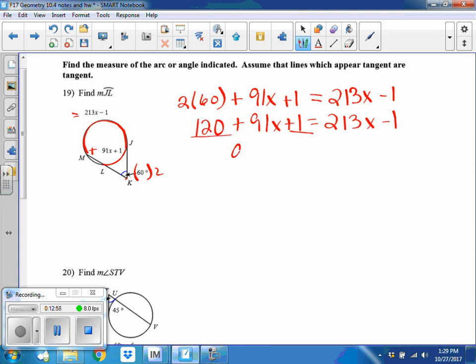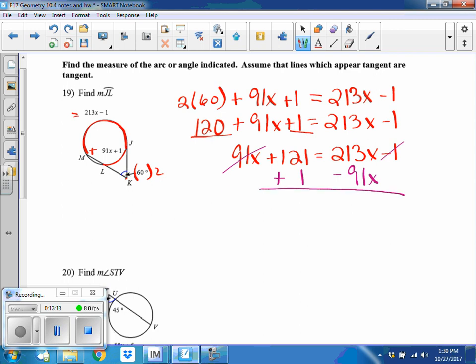So 91x plus 121 equals 213x minus 1. Subtract 91x to get that over there. Add 1 to get rid of that. And 122 equals 122x. Divide by 122, and x equals 1.